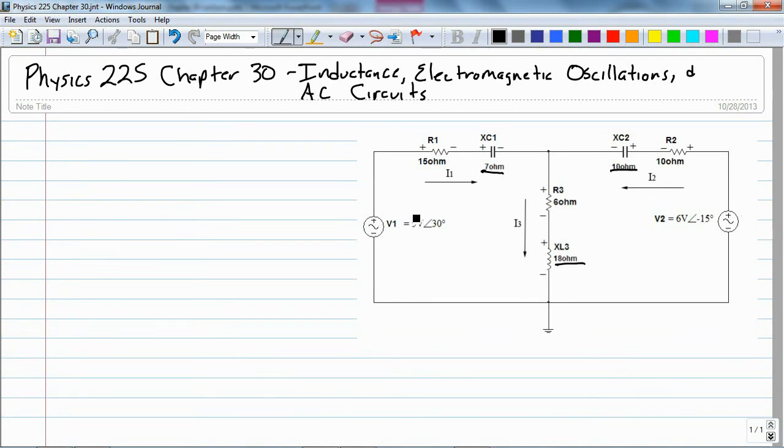I also have the potentials in phasor forms already, which means that the voltage 6 volts for V2 is RMS, and the voltage 5 volts for source V1 is RMS. We have to assume that both of these voltage sources have the same frequency.